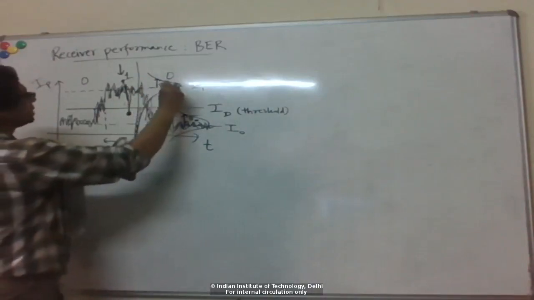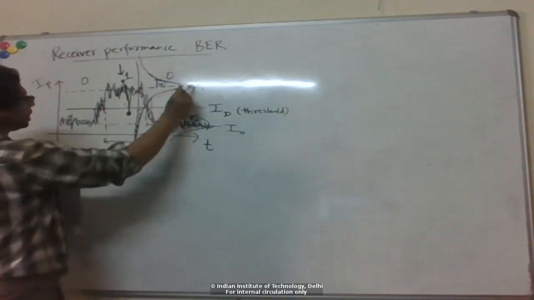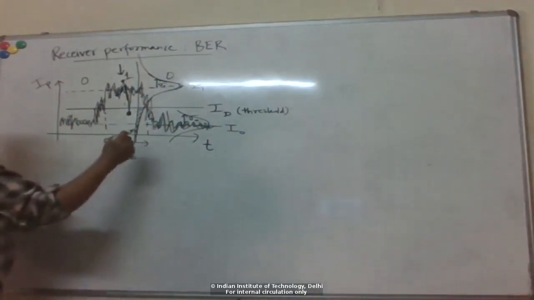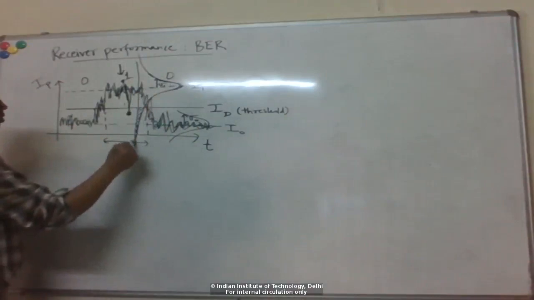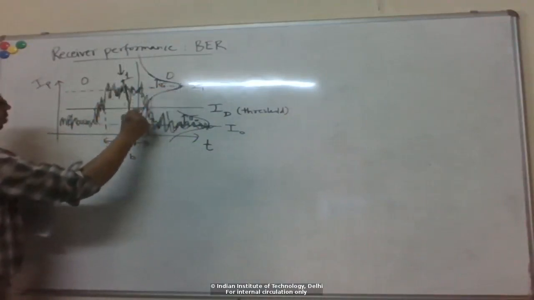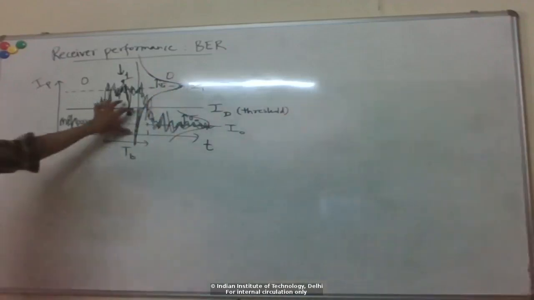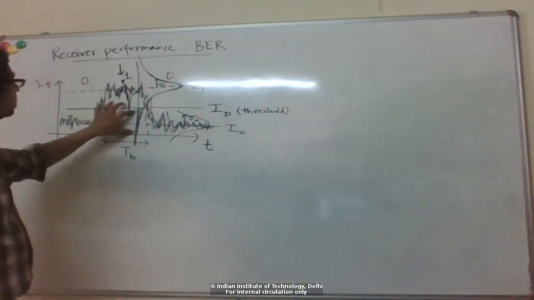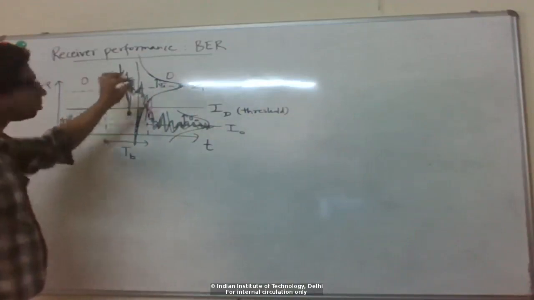So I1 has this Gaussian distribution centered at I1, going down to plus minus infinity on either side. There's a small tail here which goes below ID. This area under the curve below ID is the probability that you get a sample below ID, although you have bit 1.